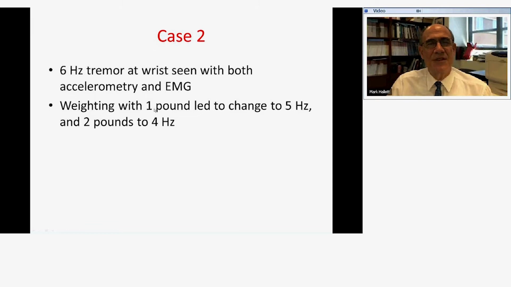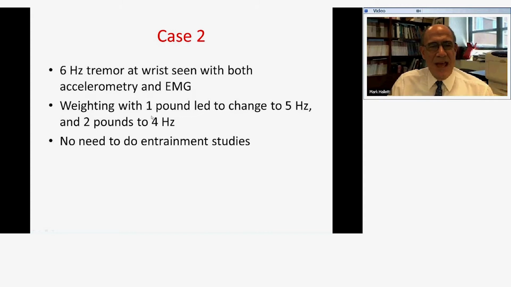It is helpful to see in a situation like this where one is weighting that it's a progressive decrease, so that this is what one would see with a mechanical situation. The heavier it is, the slower the frequency. So at that point, one has really come up with the diagnosis. This would be an exaggerated physiological tremor, and there's no need to do entrainment studies or anything else.